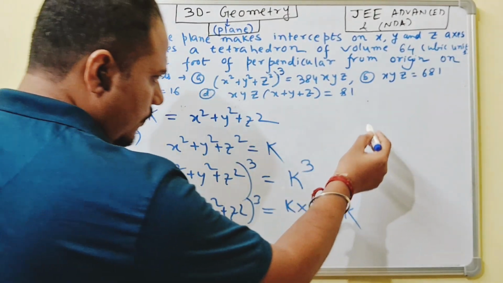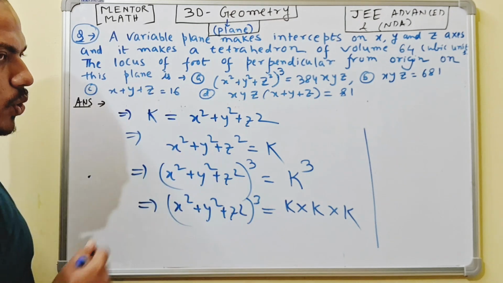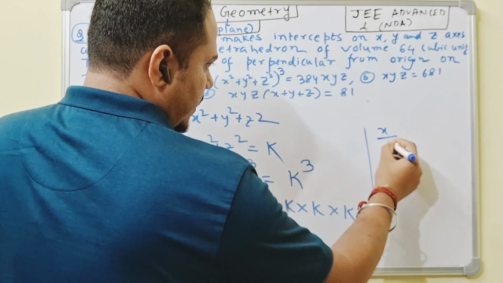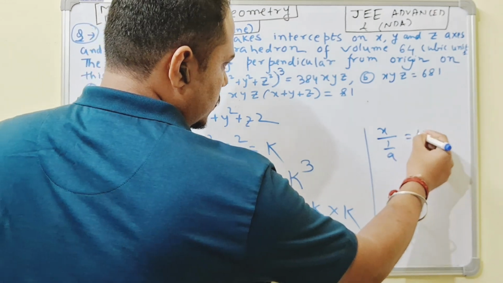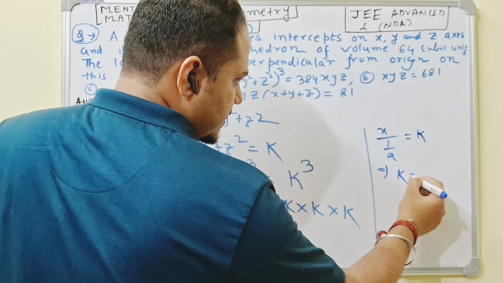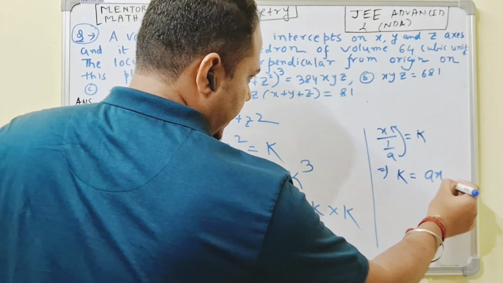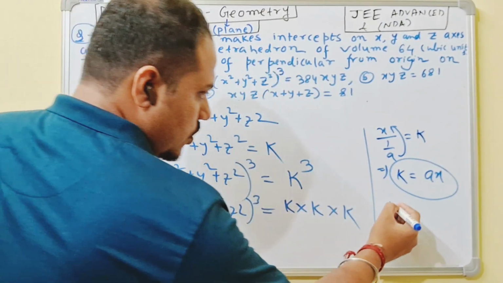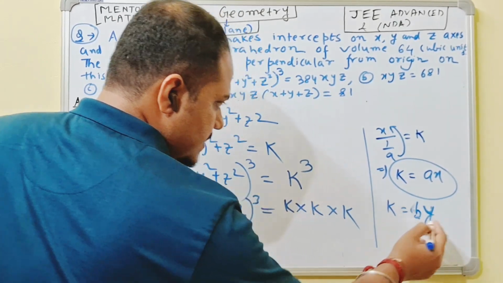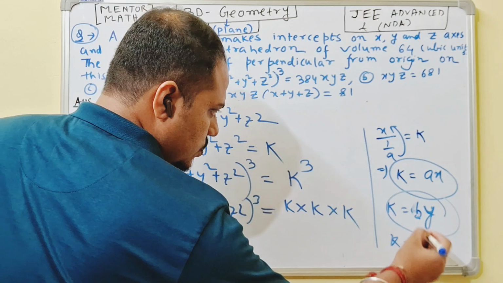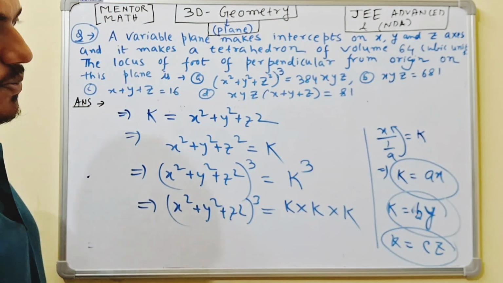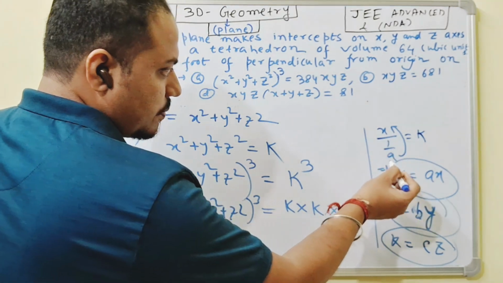From the previous expression you got x by 1 by a is equal to k, so k is equal to ax. Similarly k is equal to by also, and similarly for the z axis k is equal to cz also.